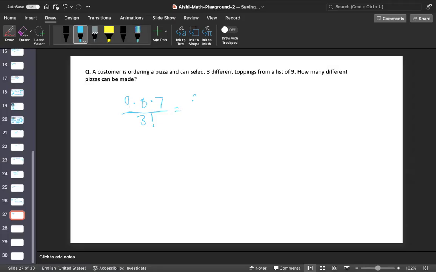So we have 9 times 8 times 7 divided by 3 times 2 times 1. If we cancel out 9 and 3, we have a 3 here. Then 2, 8, 4. So we end up with 12 times 7, which is 84.